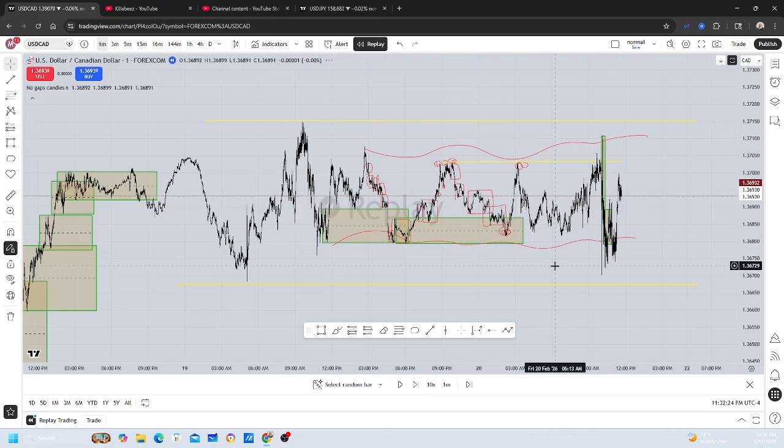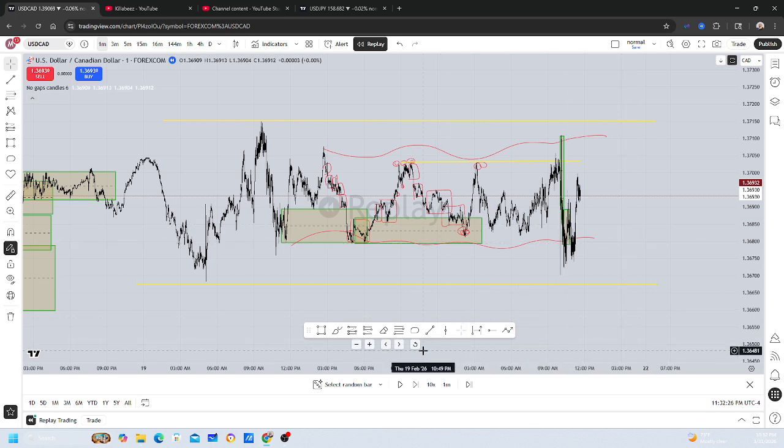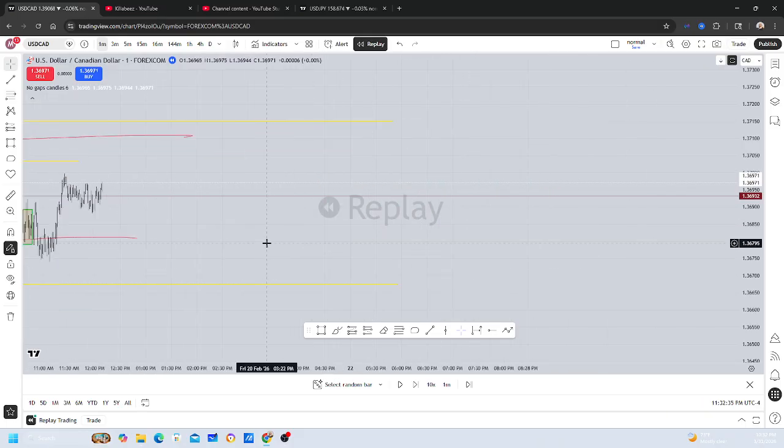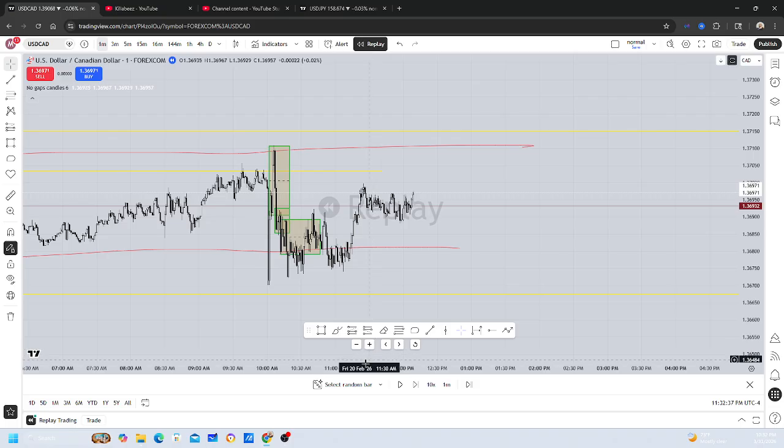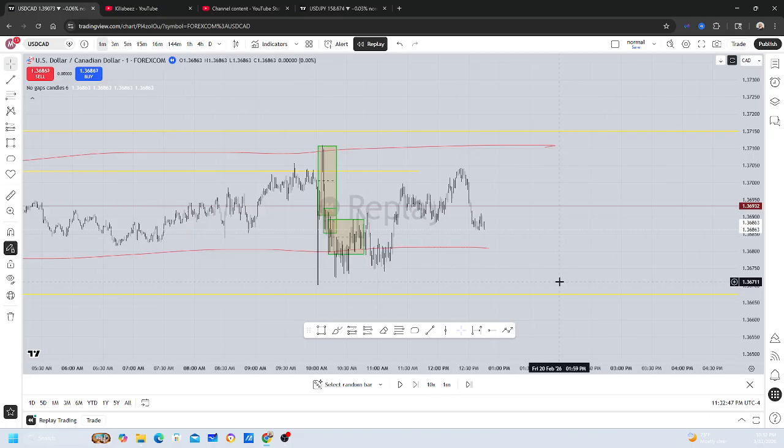Trade back up into the range. See what's going on here. We're going back up to the top of the range. Going back up to the top of the range.